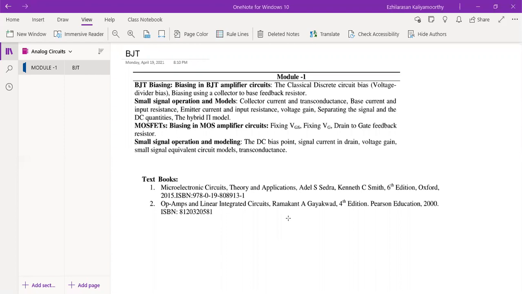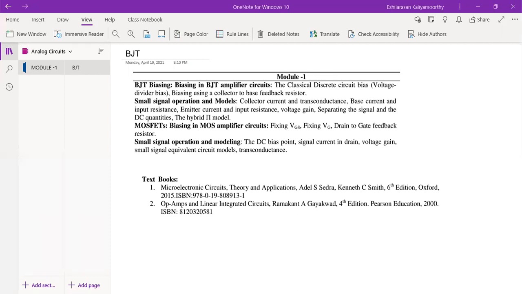The third thing, very important: even though plenty of materials are available on the web for this course, I suggest you refer to NPTEL, a course organized by IIT Madras. There you can see microelectronic circuits, then analog electronics circuits, that kind of course.